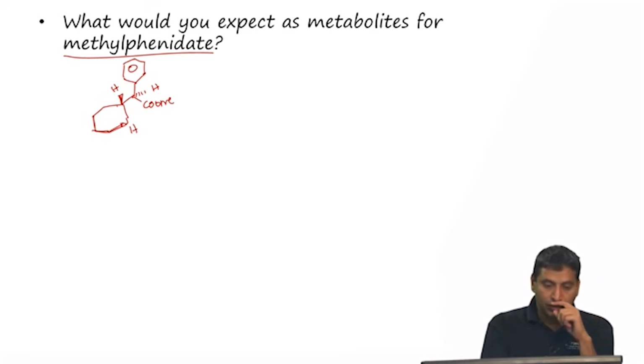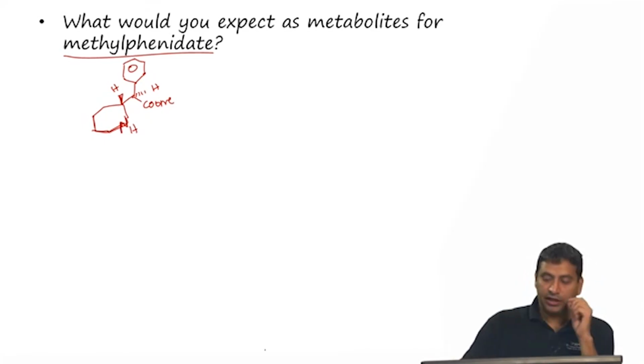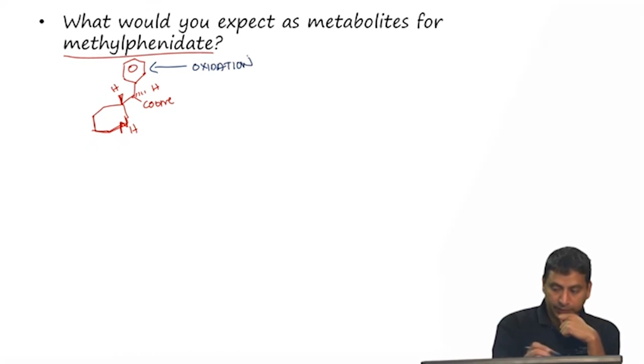Okay. So, by looking at this molecule, we can see that it has a number of functional groups that can be metabolized. Okay. So, we have already looked at the possibility of the phenyl ring getting oxidized. So, you could have oxidation over here. Okay.